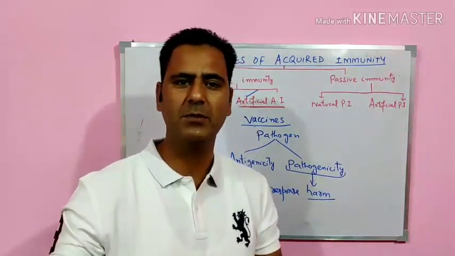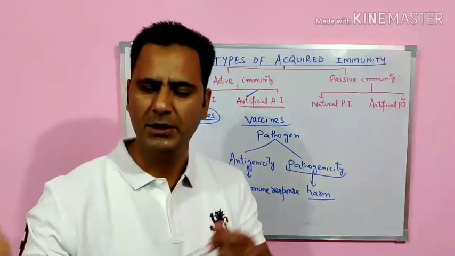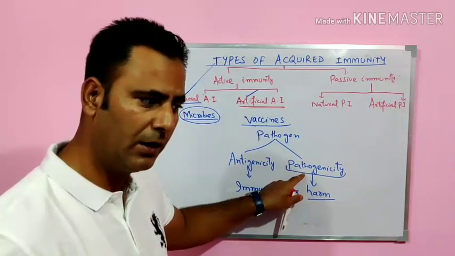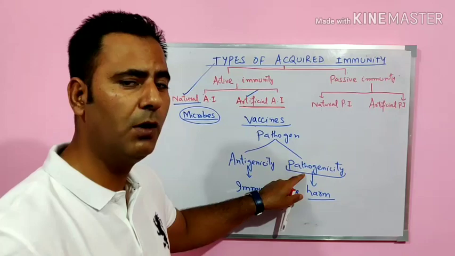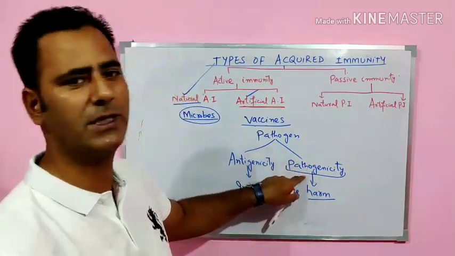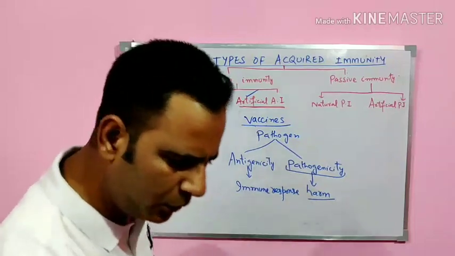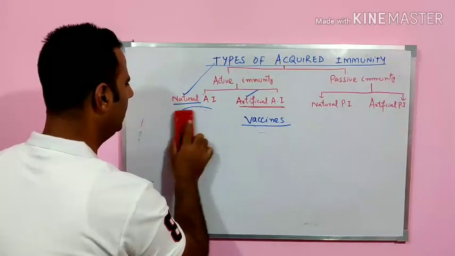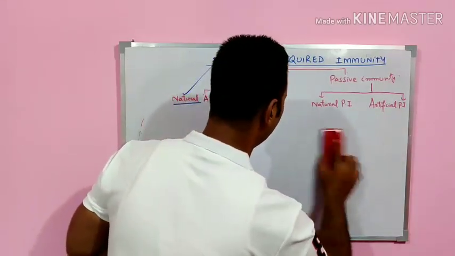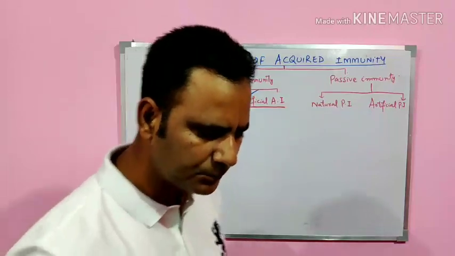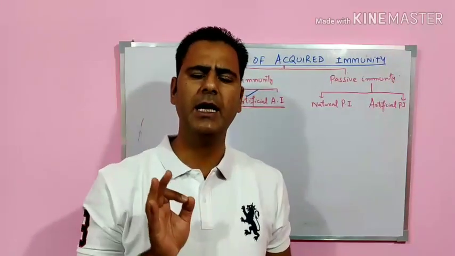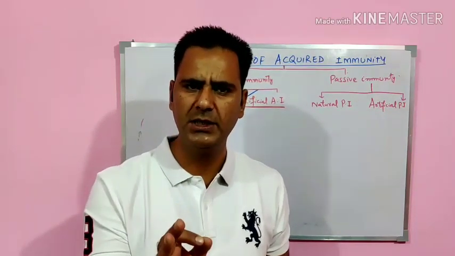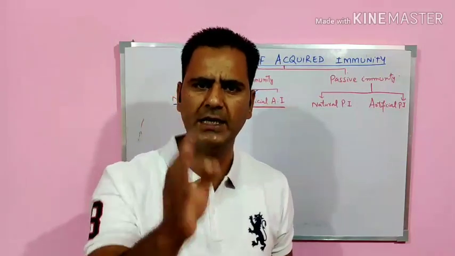There are a number of symptoms which are related to a particular disease. These symptoms are caused by virtue of one property of the antigen, that is pathogenicity. Right? When we look at the rationale of vaccine preparations, in all types of vaccines, our basic aim and ambition is to eliminate the property of pathogenicity and to retain the property of antigenicity.